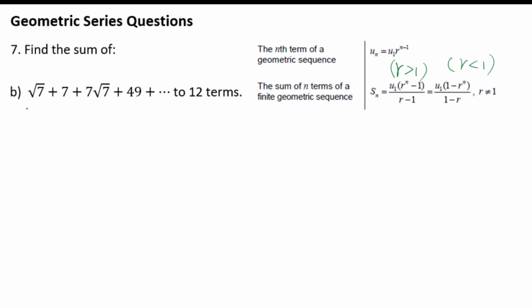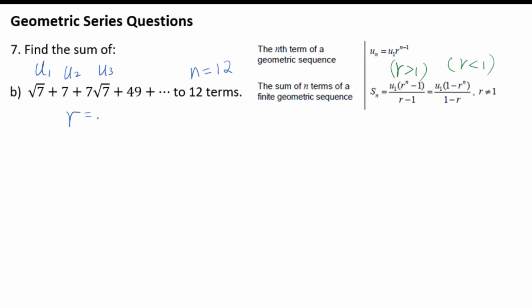So for number B, square root of 7 plus 7 plus 7 square root of 7 plus 49 to 12 terms. We know u sub 1 is square root of 7. This is u sub 2, u sub 3. N equals 12.